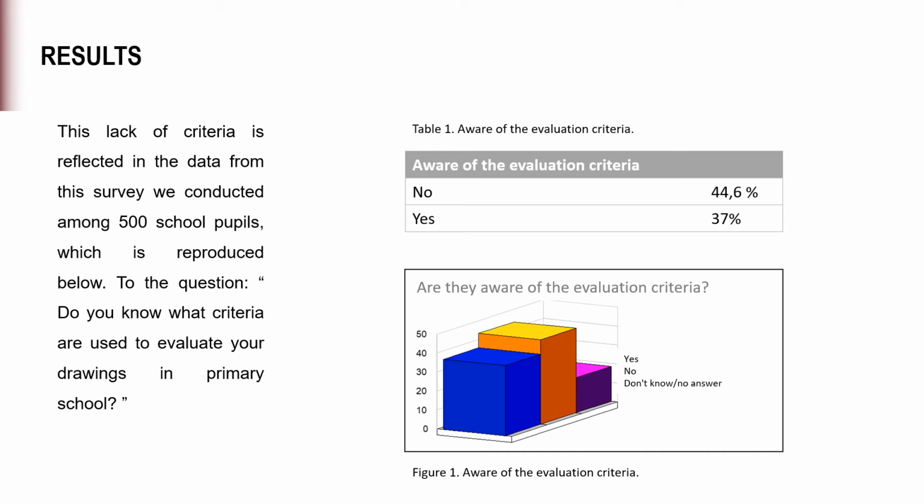Results. The lack of criteria is reflected in the data from this survey we conducted among 500 school pupils, which is reproduced below. To the question, do you know what criteria are used to evaluate your drawings in primary school?